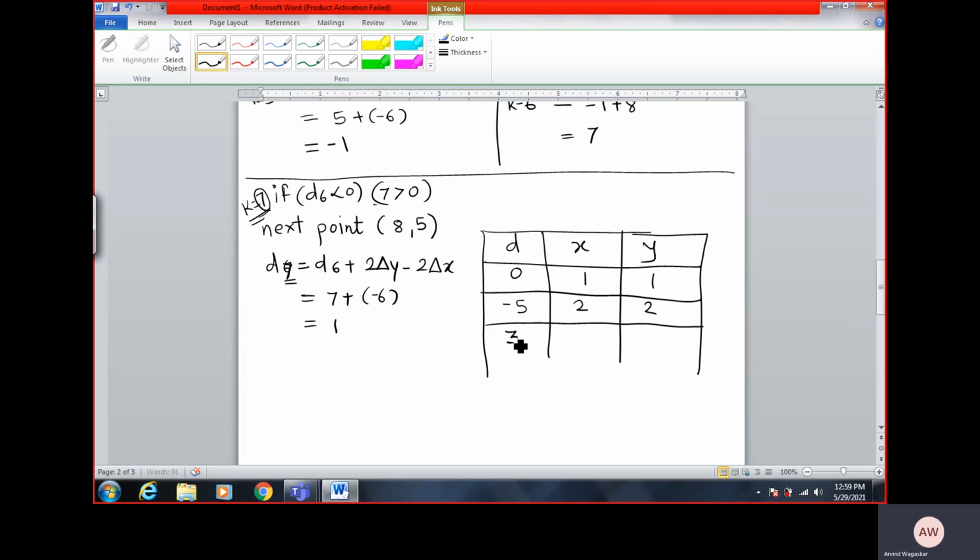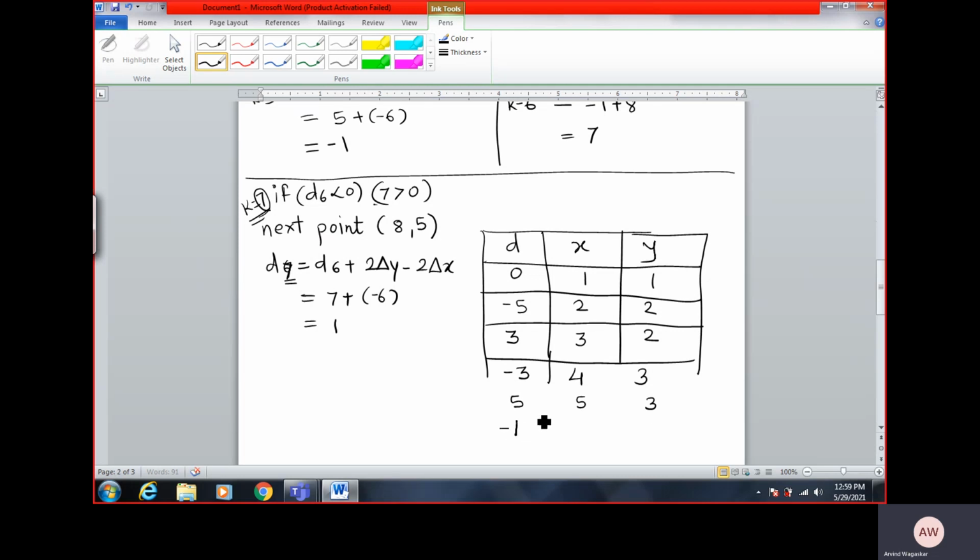Then we got 3, 2. Then after that minus 3 and 4, 3. Then 5, 5, 3.